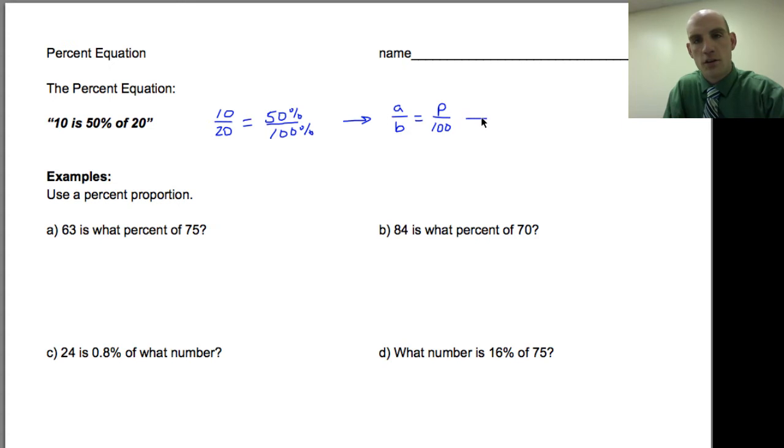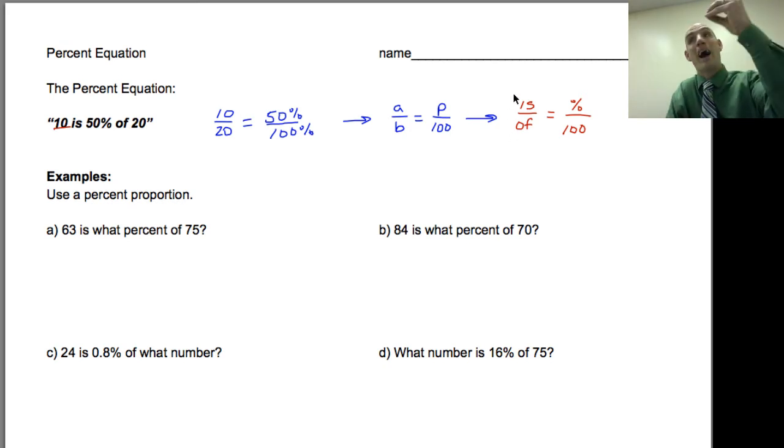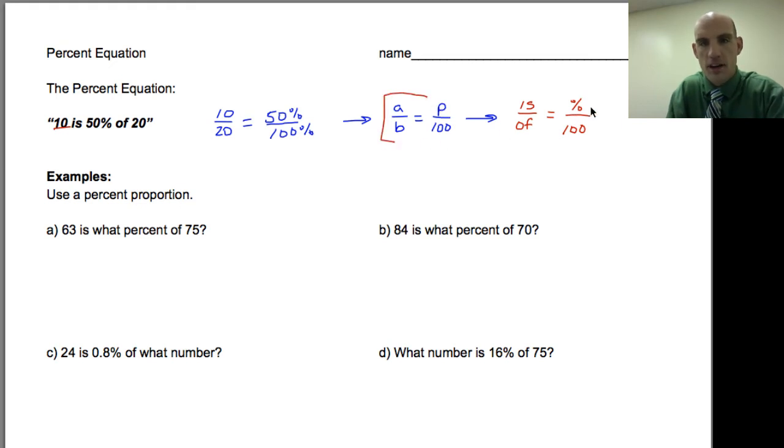And if I go to generally what it means, my A and my B and my P are parts of this equation, and you can generalize it like this: is over of equals percent out of 100. For example, 10 is goes in here, of 20 or out of 20, so 20 goes on the bottom. So these two things are going to be our key to solving these percent problem equations.